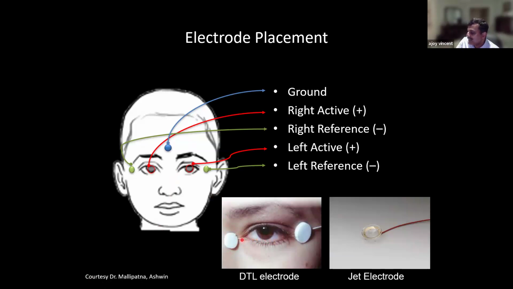These are thread electrodes which sit just below the lower limbus. Or in some instances, people use a contact lens electrode. As you can see, there is a small foil of gold here. These are gold foil electrodes which actually conduct the signal. The reference electrodes are placed at the outer canthi, and the ground electrode is placed at the center of the forehead.